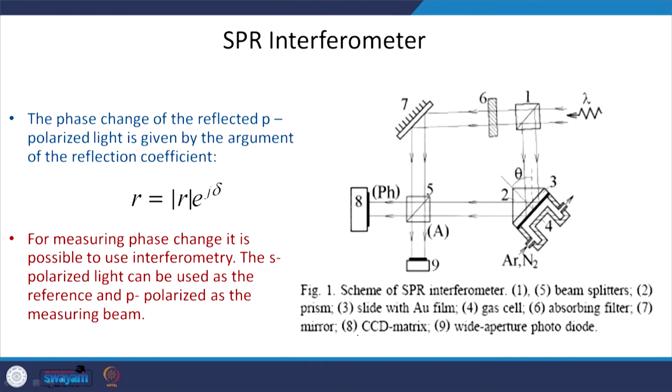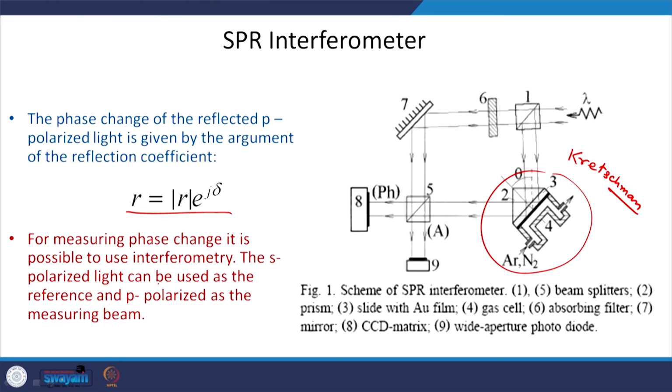You can have FTIR interferometers. What you do is that in one of the arms you put this prism setup, that is the Kretschmann configuration. So, the phase change of the reflected p polarized light will be given by this relation, and for measuring the phase change it is possible to use interferometry.